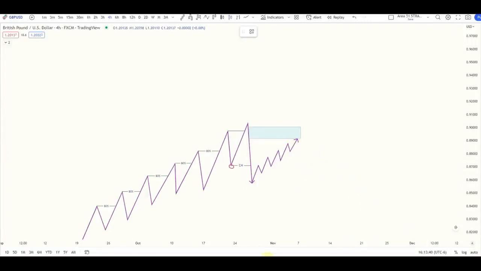So once we're here on the lower time frame, we create the same thing: break of structure, BOS, another BOS, another break of structure. Let me mark it real quick. Break of structure right there, and right there.